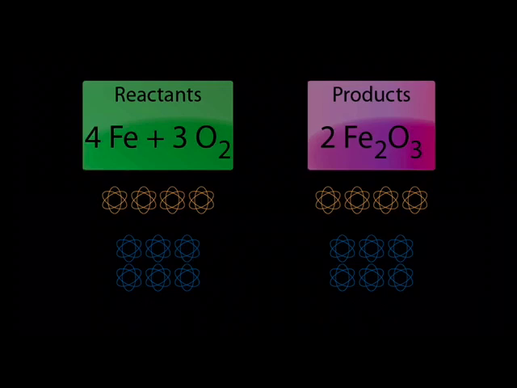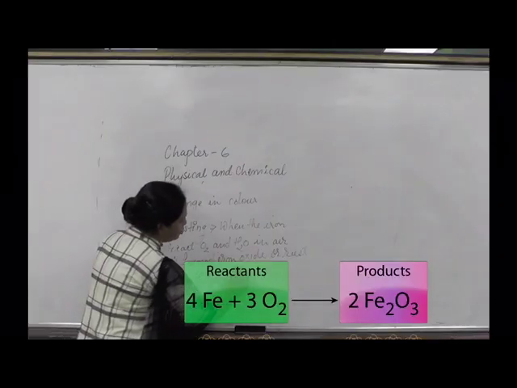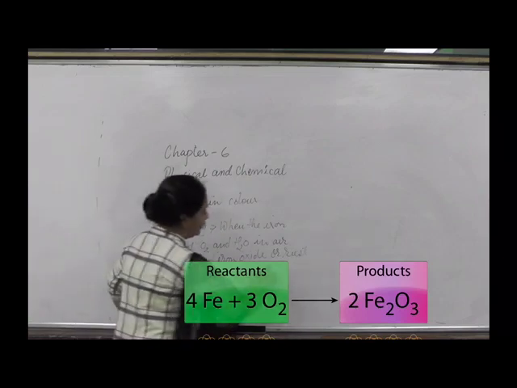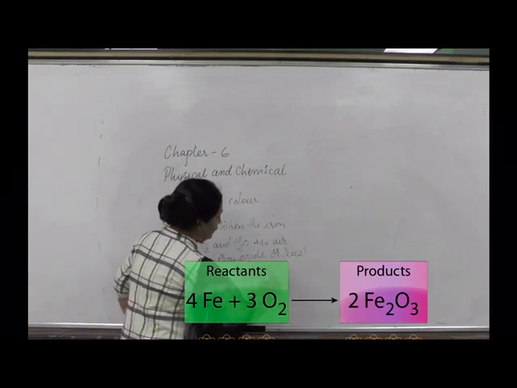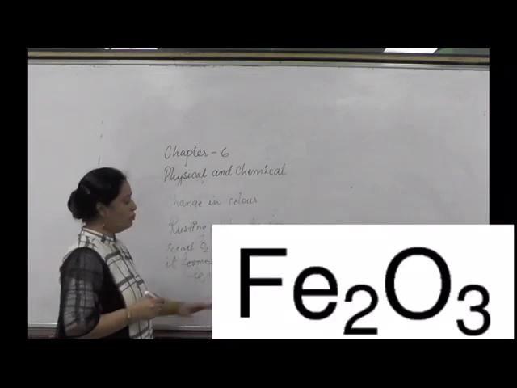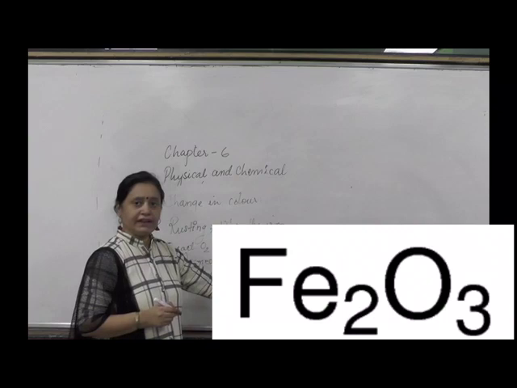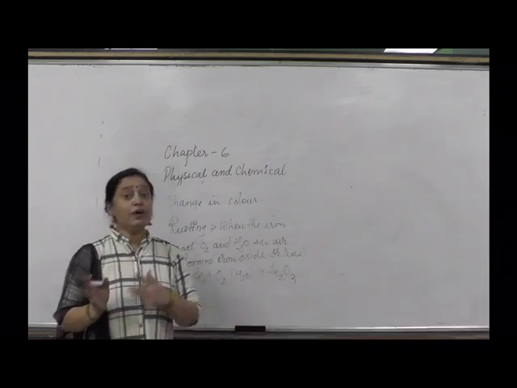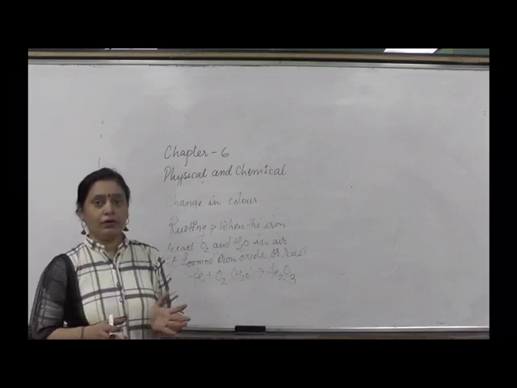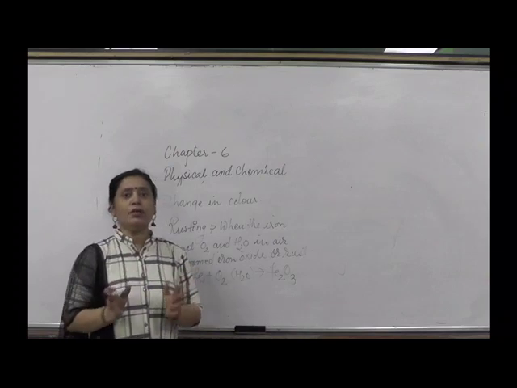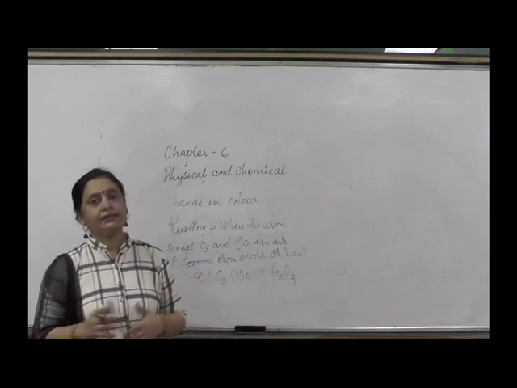So rusting takes place when iron reacts with oxygen and also moisture in the air, and this reaction gives a new chemical compound, that is iron oxide, which is also called rust. Rusting is faster in humid air. Why? Because when oxygen and water both are present in air, then the rusting is faster.